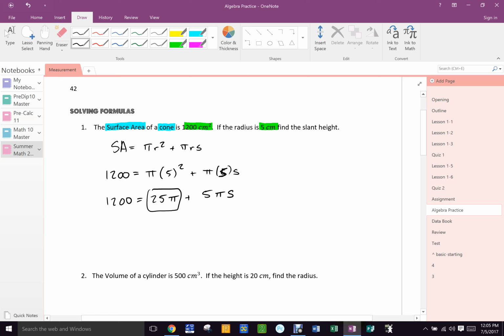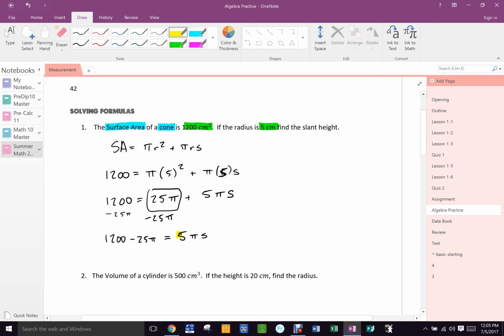That is positive 25 pi. How do I get rid of that? I minus 25 pi. Where else? The other side. So I get 1,200 minus 25 pi equals 5 pi s.